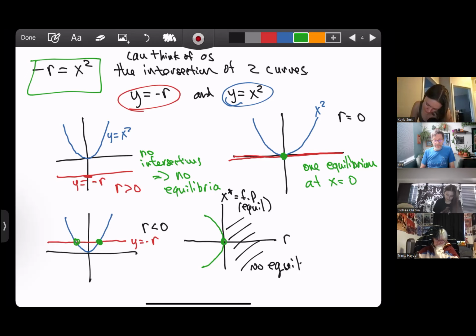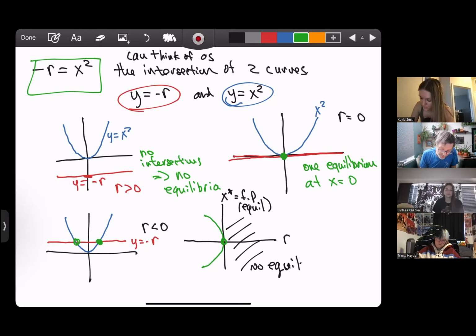As we move from left to right, as R increases, those two equilibria get closer together, merge, and then disappear. We haven't analyzed their stability yet, but we will in a second. This is the classic saddle node bifurcation: two equilibria meet, annihilate each other, and there are no more equilibria.